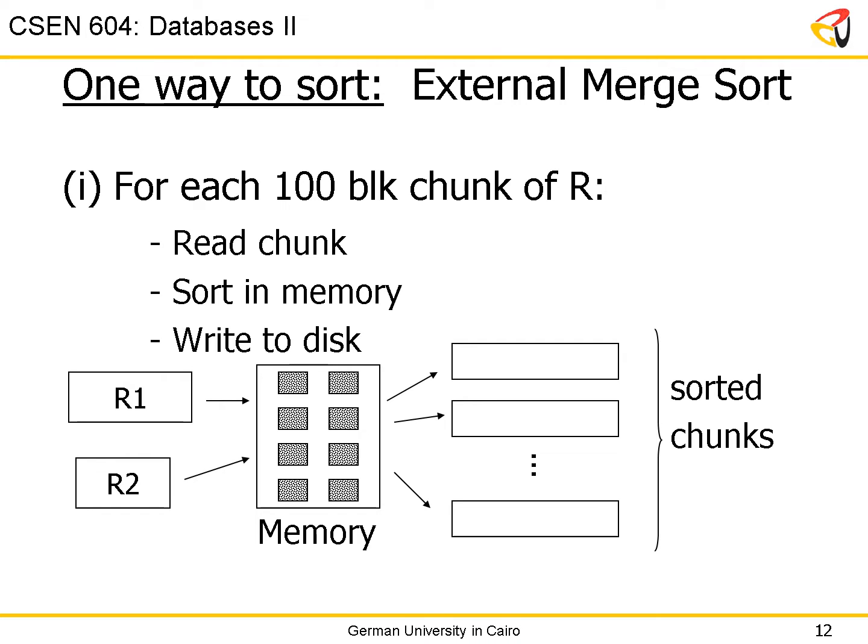So a page could come to me having the values 100, 7, 1. I have to change the order of the rows, it becomes 1, 7, 100, and then I put it on disk. Now the next one might come to me as 40, 30, 50. I have to change the order of the rows, it becomes 30, 40, 50, and then put it back on disk. So this is the first step.